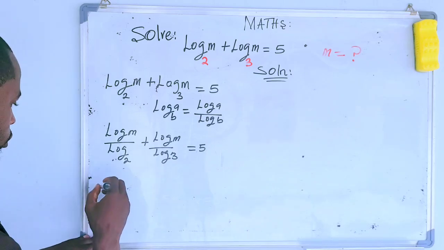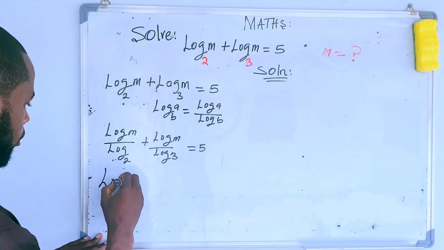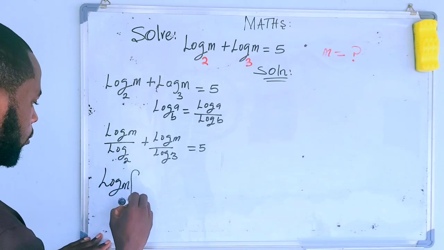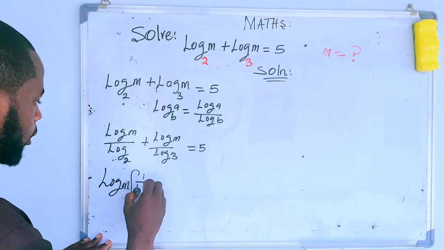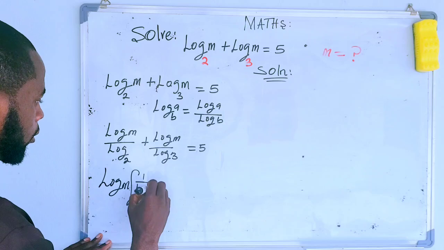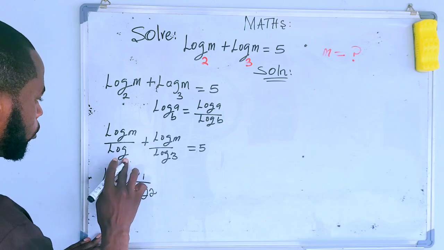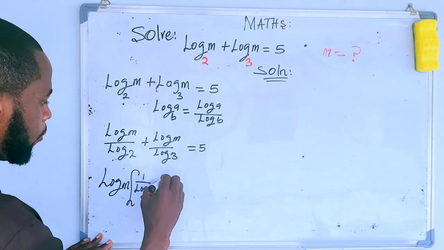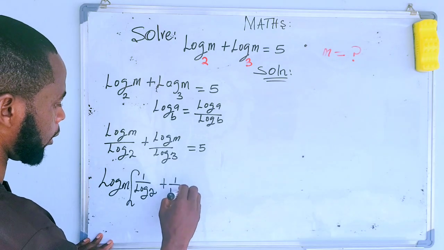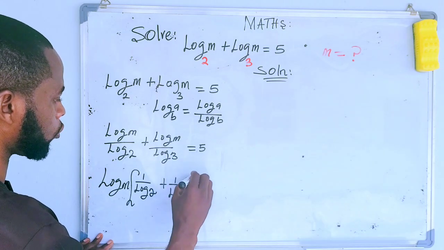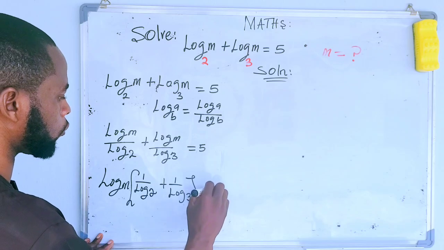In that case, we are going to have log m times 1 divided by log 2 plus 1 divided by log 3 equals 5.